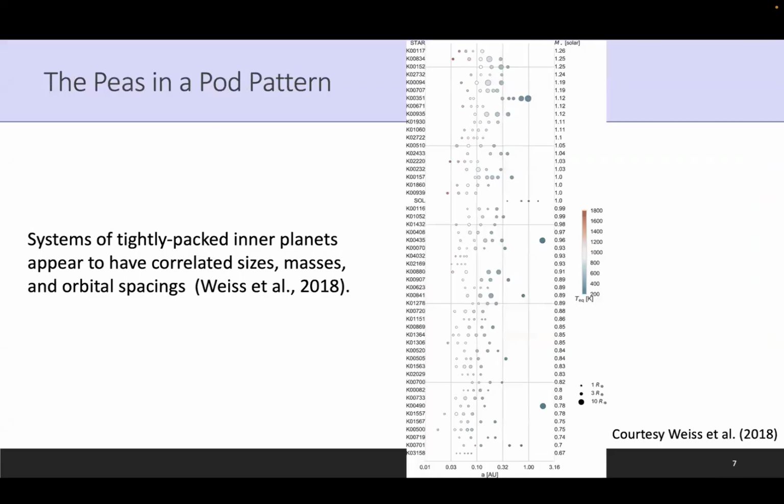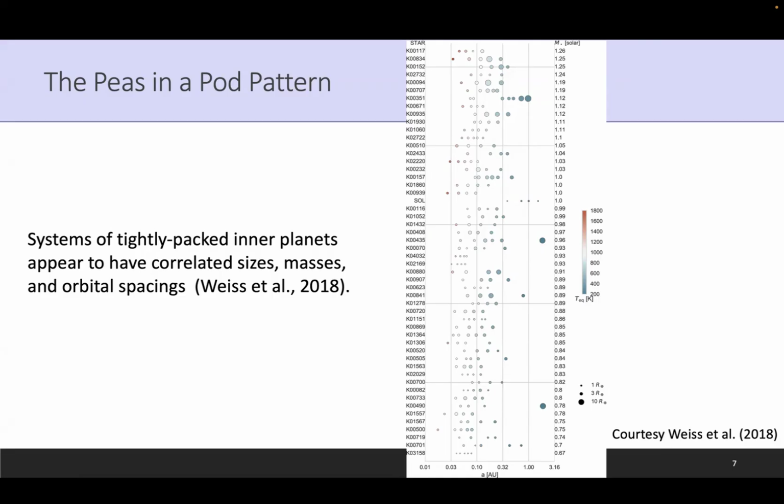And interestingly, one of the major discoveries of the Kepler survey is the peas-in-a-pod pattern. Systems of tightly packed inner planets appear to have correlated sizes, masses, and orbital spacing.